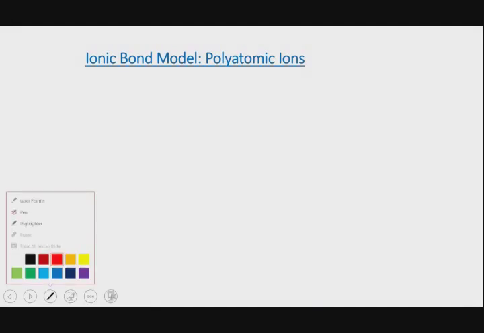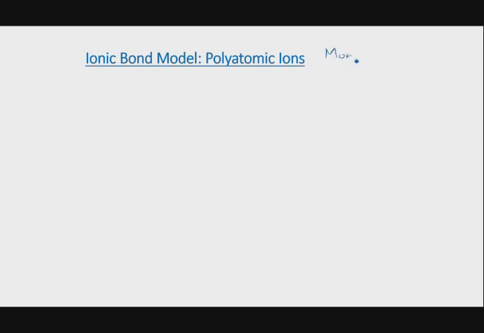So far, the ions that we have come across are monoatomic ions. Monoatomic ions, if you remember, are the ions that are made from one atom only.